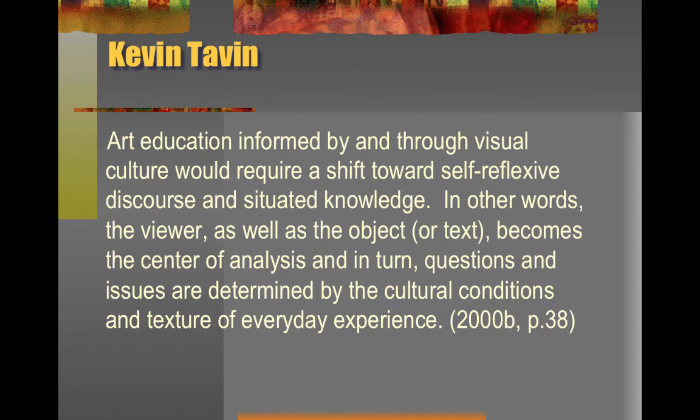In other words, the viewer, as well as the object or text, becomes the center of analysis, and in turn, questions and issues are determined by the cultural conditions and texture of everyday experience. So again, you have the object here, but then you have the viewer, and those two combine to create this interactive reflexivity.